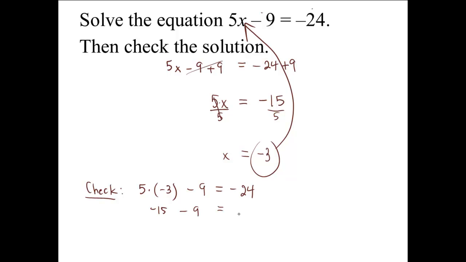Negative 15 minus 9, does that equal negative 24? Over at negative 15 on the number line, minus means move to the left. That's even deeper into negative territory. 9 units. We get negative 24. A true statement means that x equals negative 3 is the solution.